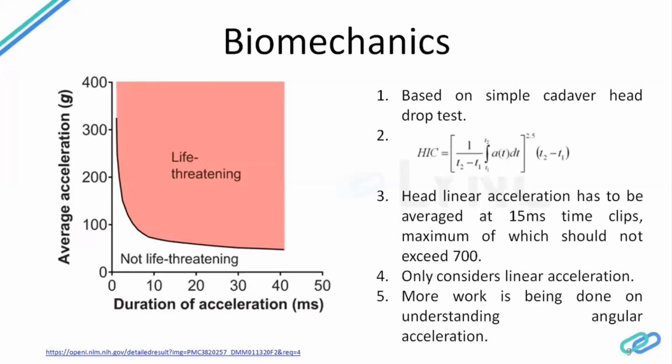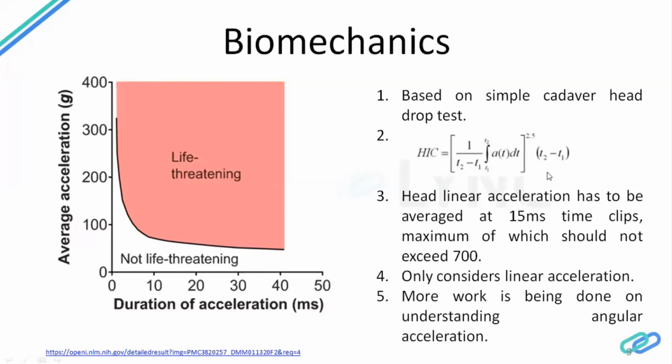So any data that goes in this red region is considered life threatening. This curve is basically the various fractures that were seen on the cadaver heads, and below this it's called not life threatening. Based on this curve, they came up with this equation here.